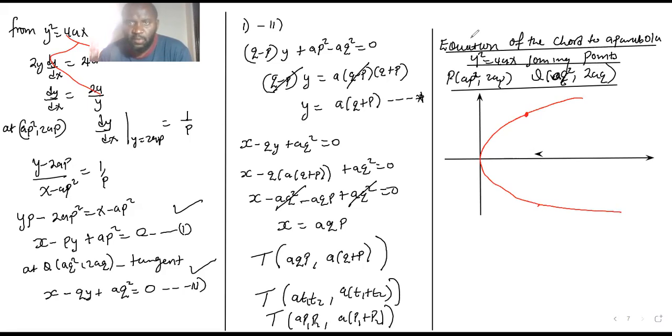If you have a common chord that cuts through, you have this point P, which is (ap squared, 2ap). Then you have this point Q, which is (aq squared, 2aq).